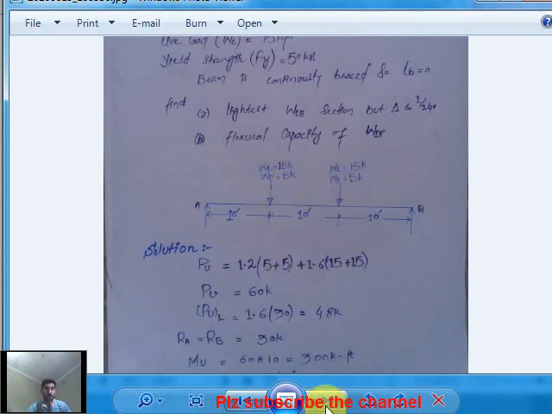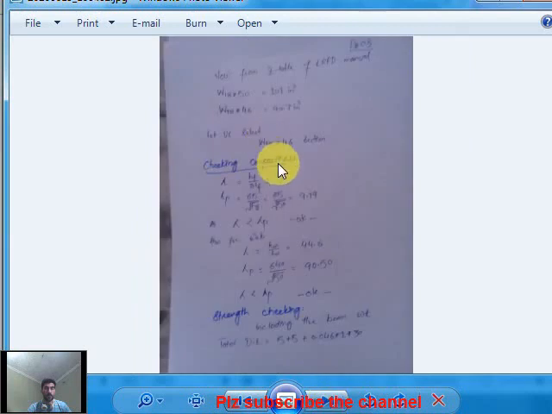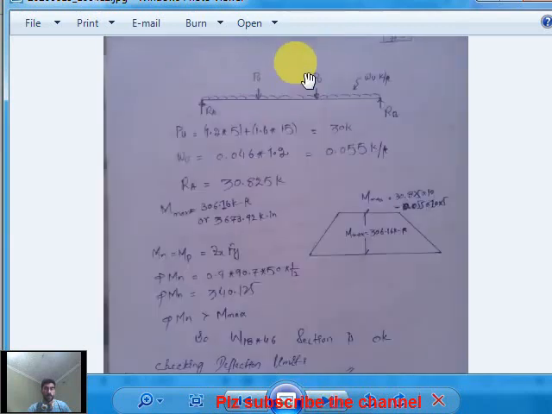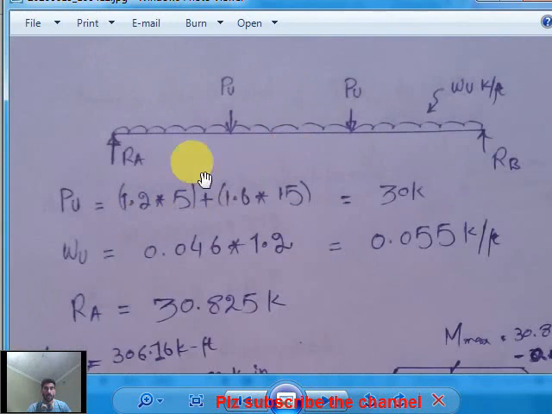This Pu separately equals 30 kip, and this Pu is separately equal to 30 kip, remember. And this is your wu, and that is dead load, so multiply it by 1.2, you got this one, clear?